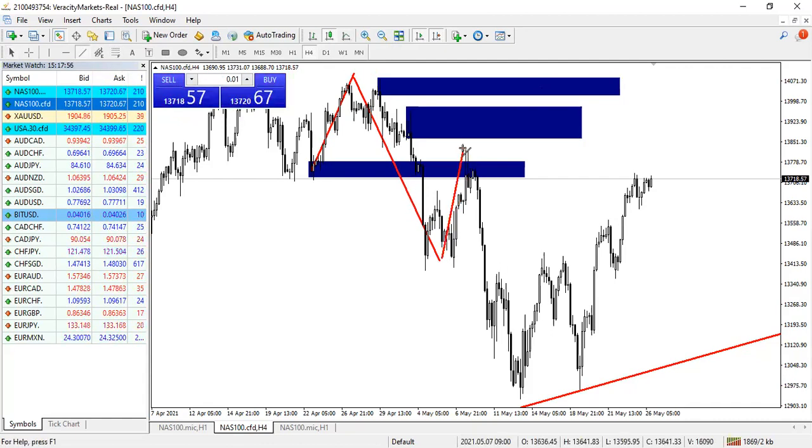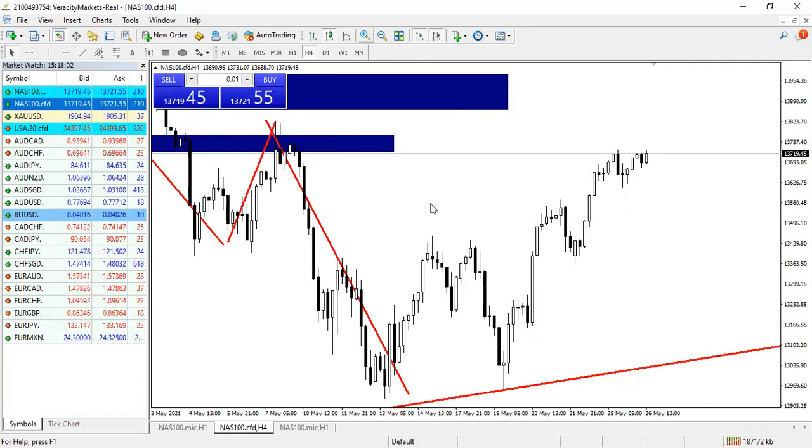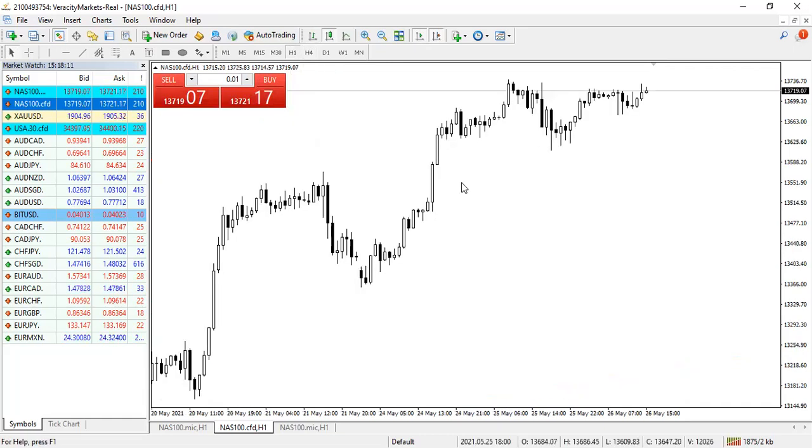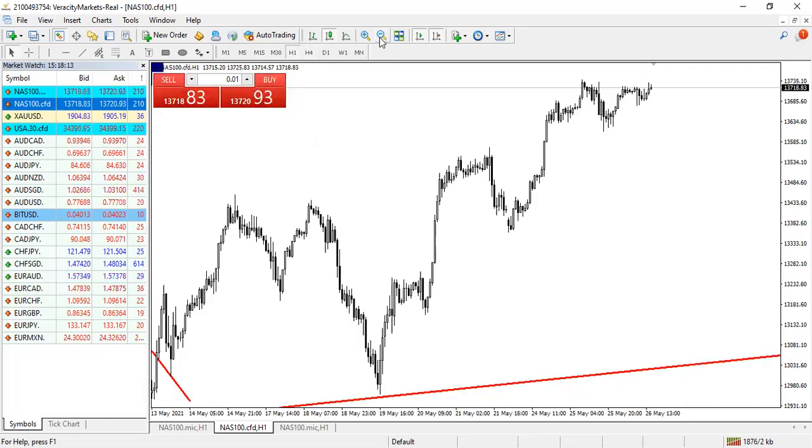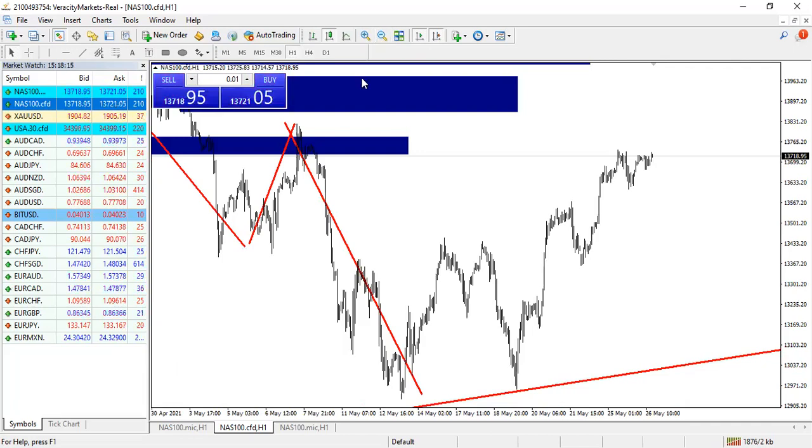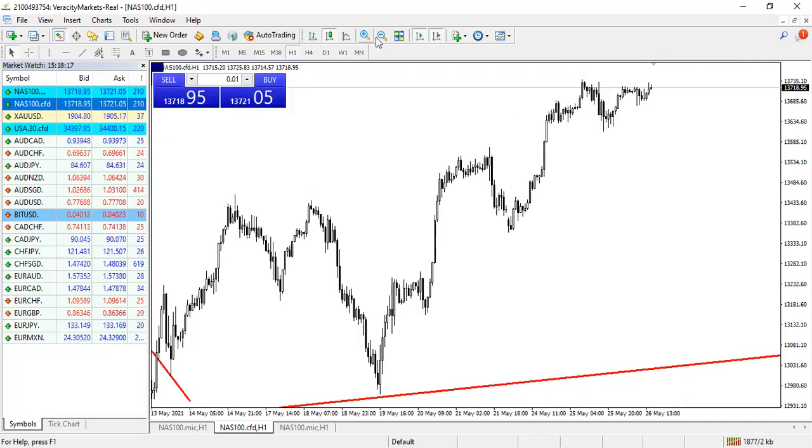Then the market came and rejected. So what are we seeing currently? We can go to our 1 hour. In our 1 hour.